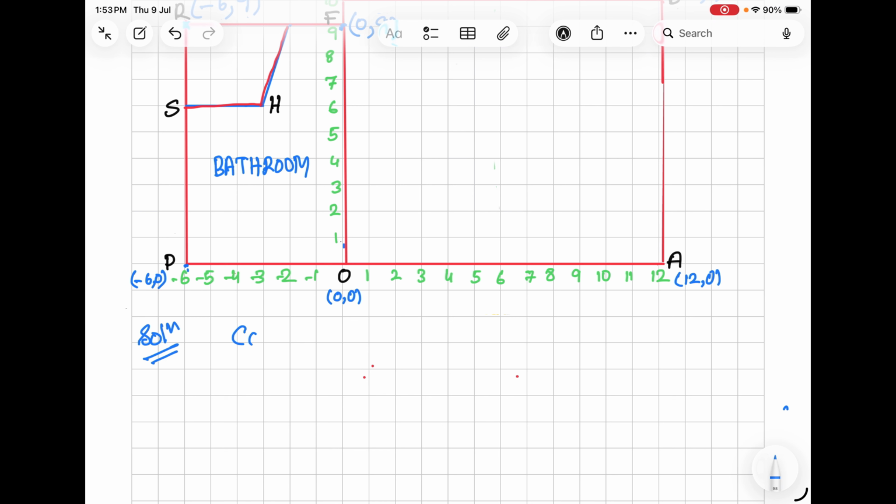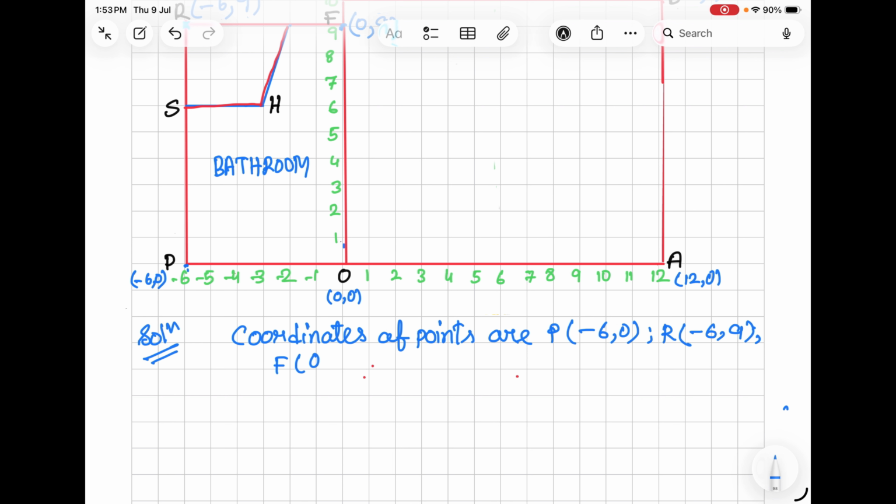Coordinates of points are P -6, 0, R -6, 9, F 0, 9 and origin O is 0, 0.